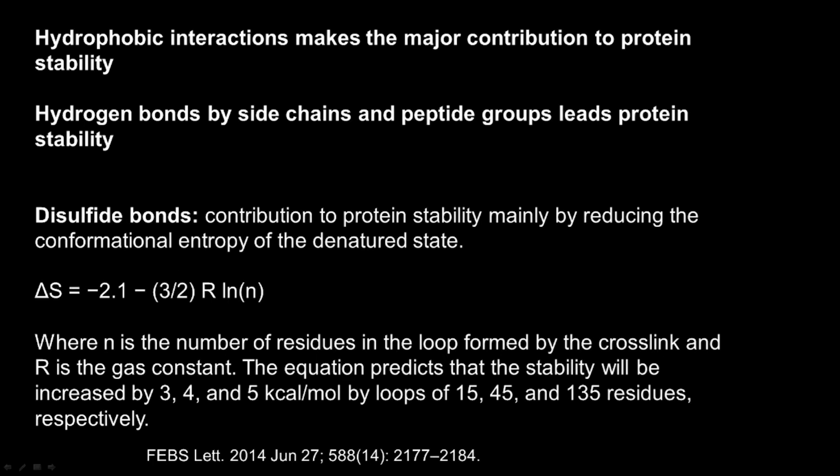The equation predicts the stability will be increased by 3, 4 and 5 kcal by loops of 15, 45 and 135 residues respectively. So if you have a lot of residues in the loops, the stability of the protein gets increased based on this equation. Here n is the number of residues in the loop.